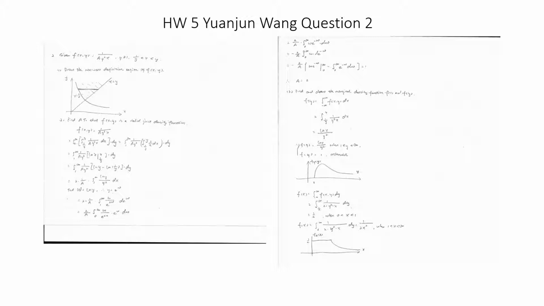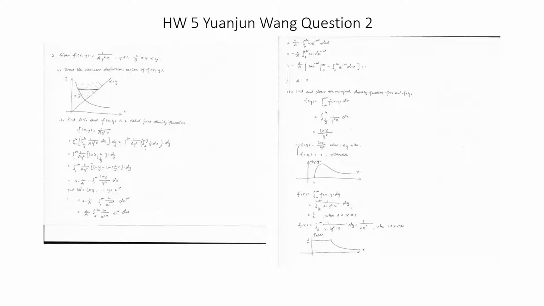For the inside of the function, we can take the 1 over A times y squared out, which gives us the integral from 1 to infinity of 1 over A times y squared times the integral from 1 over y to y of 1 over x dx, times dy.